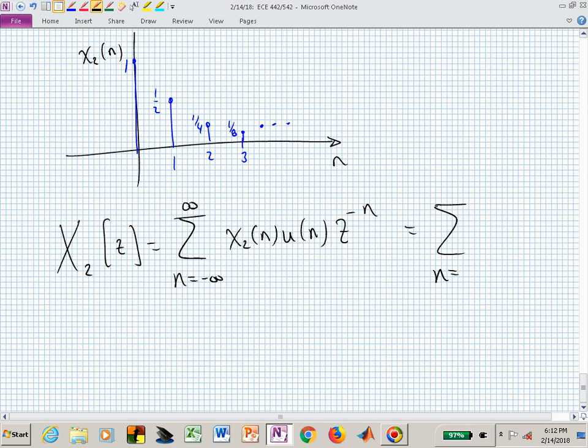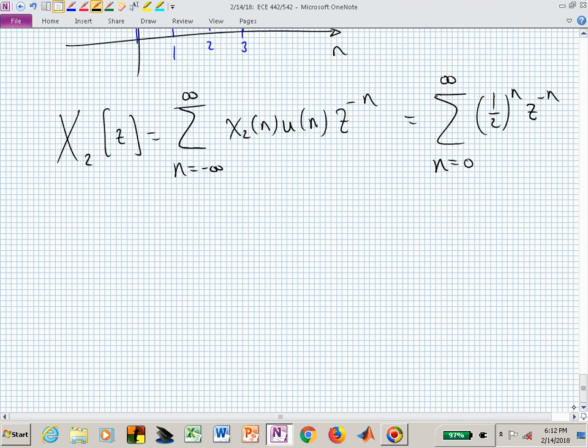Now it's starting at 0, isn't it? N equals 0 to infinity, 1/2 to the n, z to the minus n. Or I could say that this is now 1/2z to the n. And when is this going to converge? What's the common ratio?